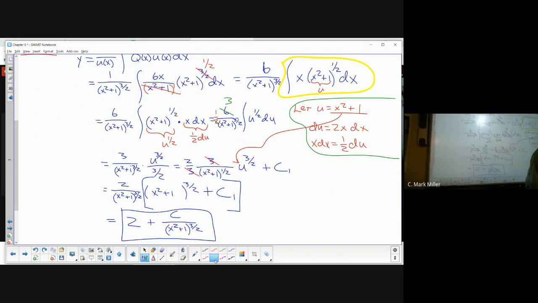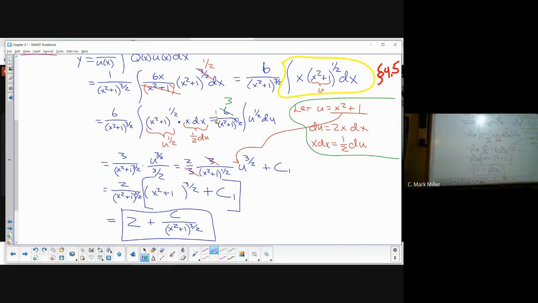Let me see here, I'm looking it up. Section 4.5. So if you need to work these kinds of problems, this is section 4.5. Get in there and do some problems.